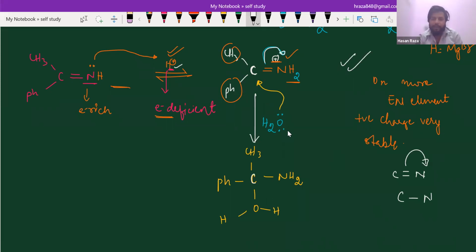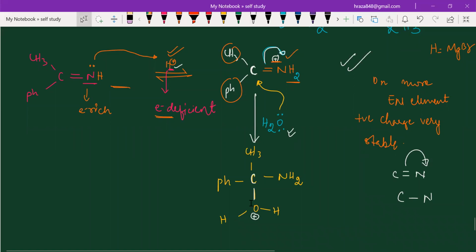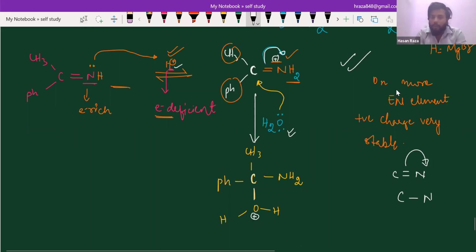At that time we are doing hydrolysis, so water will be present and oxygen has a lone pair. So oxygen will donate one electron and make a bond with carbon, and now oxygen will have a positive charge. Is that clear? Yes, clear. Now see, it's very easy to understand. As I told you, on a more electronegative element, a positive charge is very unstable.